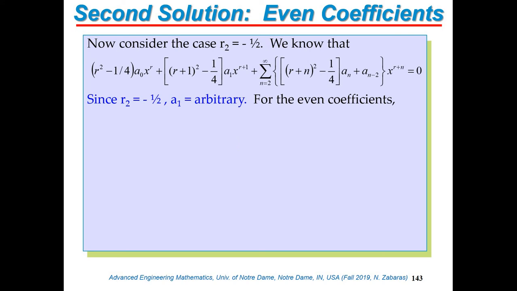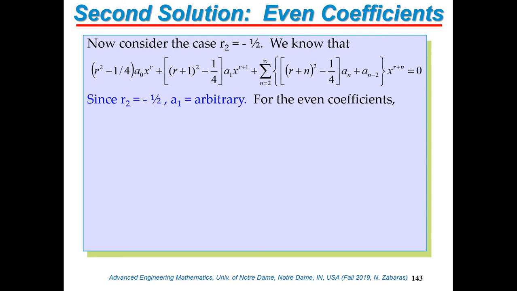All right. So in this particular case, not only is a0 in principle arbitrary, but a1 is arbitrary. So we're going to have both even and odd coefficients for our series expansions that we're going to have to evaluate.